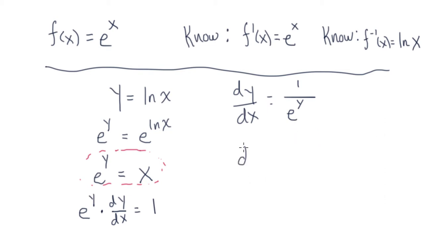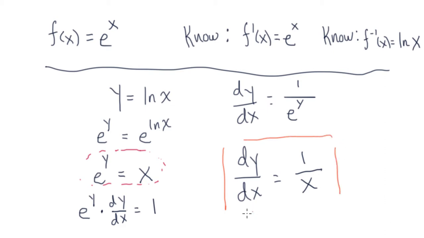So in reality, the derivative of the natural log is 1 over x. So this is a very nice, clean formula for the derivative of the natural logarithm. And again, just appreciate the fact that the only way we knew how to find this was by knowing the derivative of e to the x and the fact that e to the x and the natural logarithm were inverse functions.